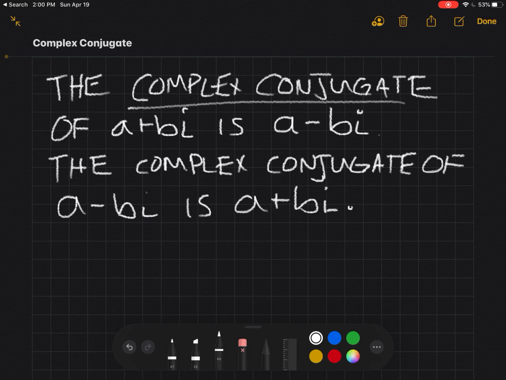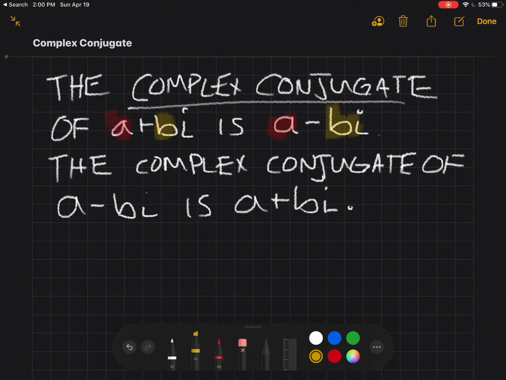The complex conjugate of A minus BI is A plus BI.